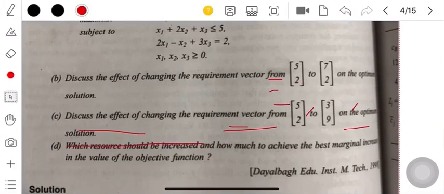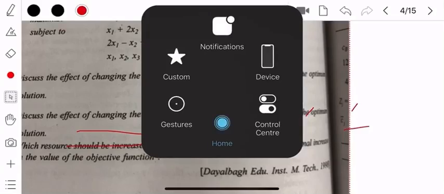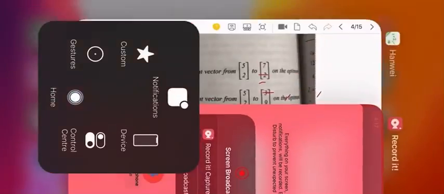Discuss the effect of change of the requirement from 5 by 2 to 3 by 9. Now they have changed 5 by 2 to 3 by 9. So let me see what changes are going to occur.